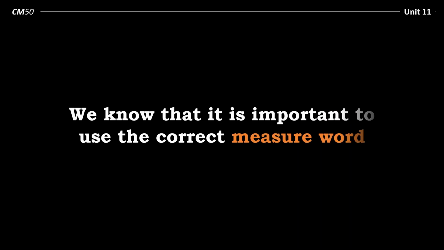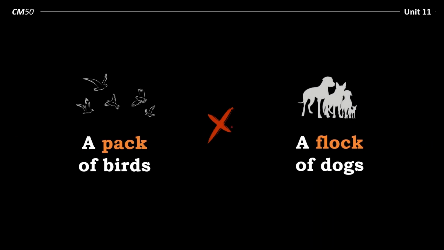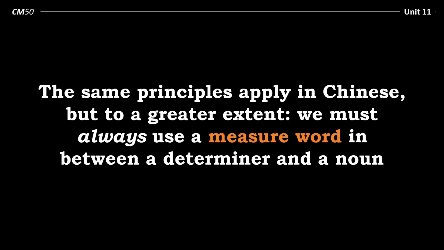Now, we also know that it's important to use the correct measure word. For example, if we see the sentences, a pack of birds and a flock of dogs, we know that this is incorrect and that the correct way is a flock of birds and a pack of dogs. Now, the same principles apply in Chinese, but to a greater extent.